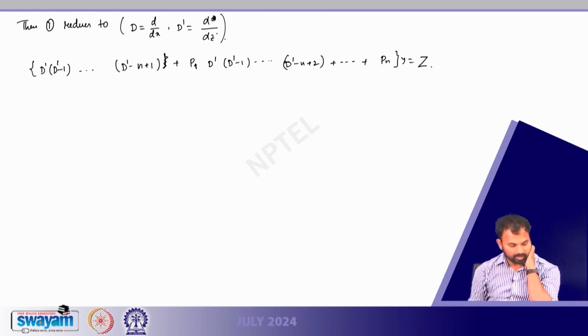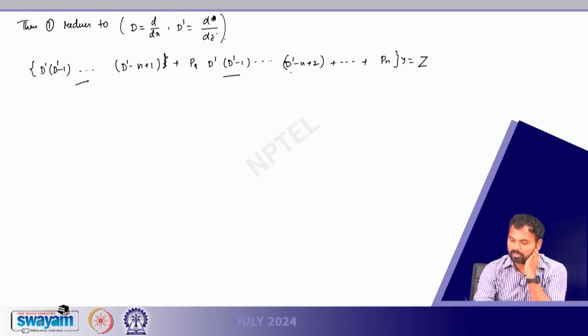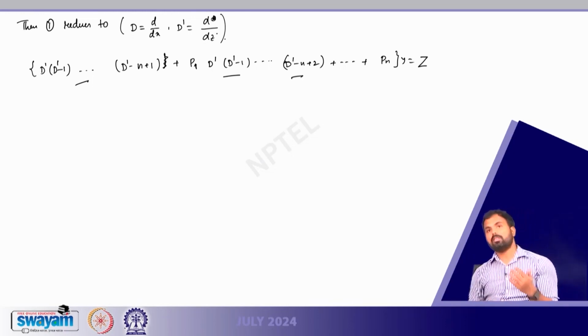So we are denoting it by z. Now, if we look at this equation, since p1, p2, p3 up to pn are constants, this is now an ordinary differential equation with constant coefficients in z, right.